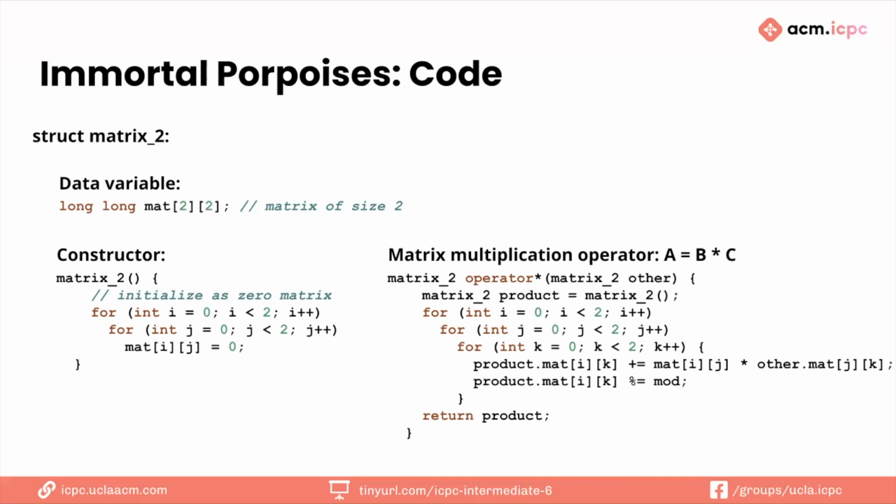So what the right side will do is it will invoke this method on matrix B, where the other input variable will be equal to C. And that's how it will perform multiplication of matrices B and C and output the product. So the result of the right side of the equation would be B times C in terms of matrices, and it will store it in variable A. And the code is exactly the same as it was when we talked about regular matrix multiplication.